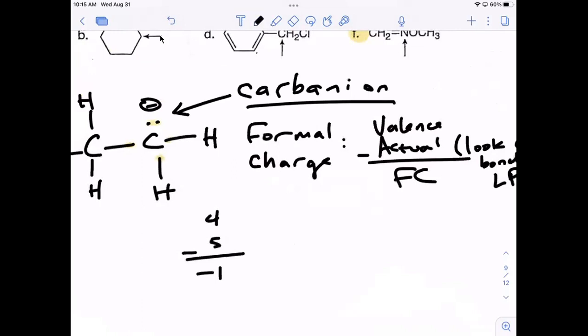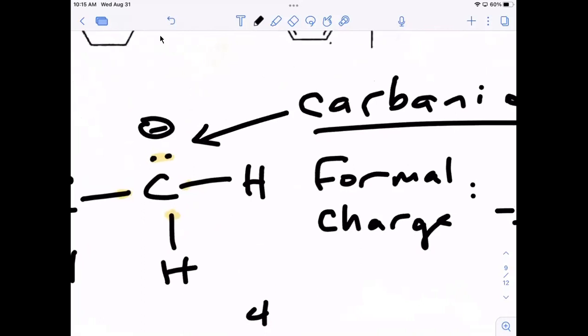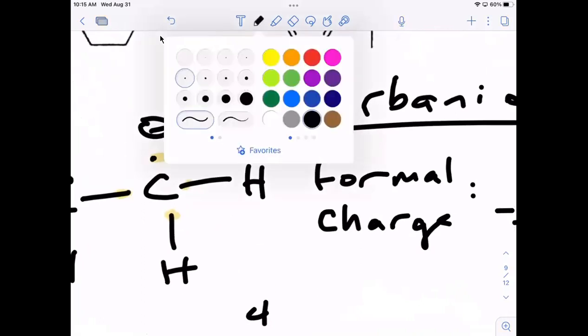We're going to do more, but I wanted to give you that because it was appropriate. Why waste energy in your brain worrying about the charge and where it came from, as opposed to just putting it out there? Now we've got the charge part out of the way. We need to answer the question: what's the hybridization state and the geometry? Remember, a lone pair on any atom is not just sitting there.